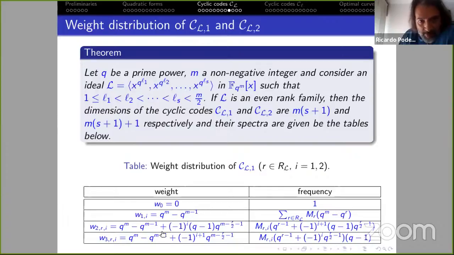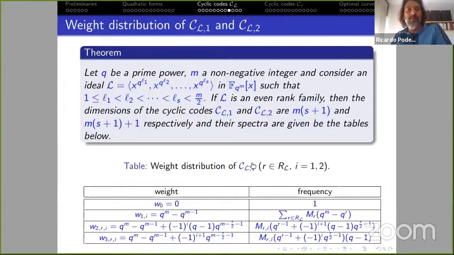Now we have more possible weights. Here, for every rank, we have this expression. Here is the rank R, and the type, here this is a plus or minus 1, and this is the distribution, the frequencies.